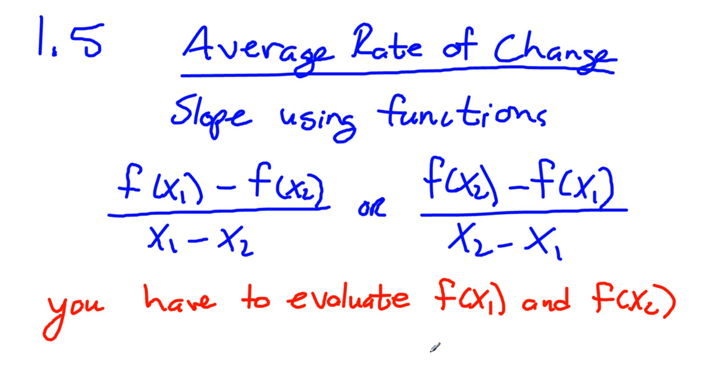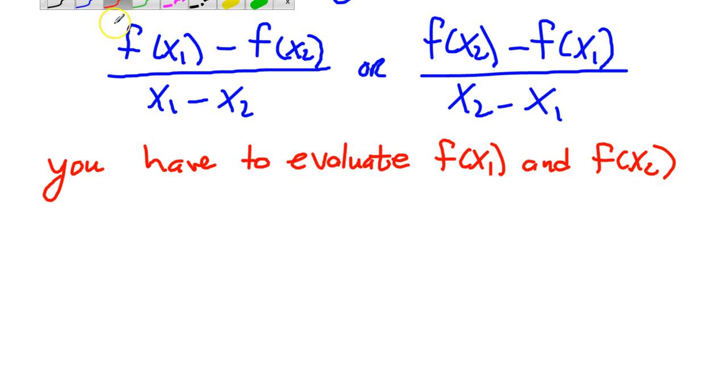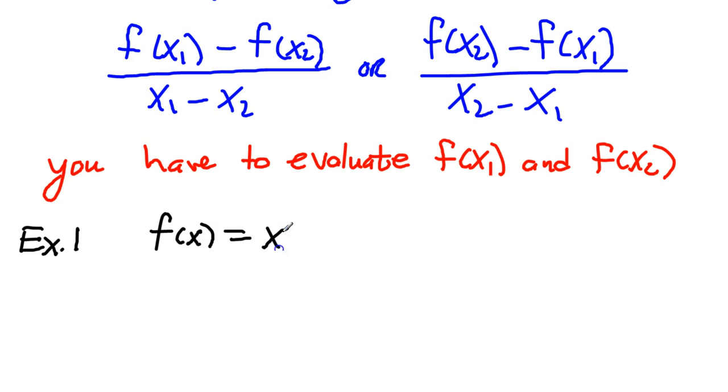All right, so here we go. I'll give you a couple of these. So they'll give you the function, and then they'll tell you, here's the two x values you're going to use.